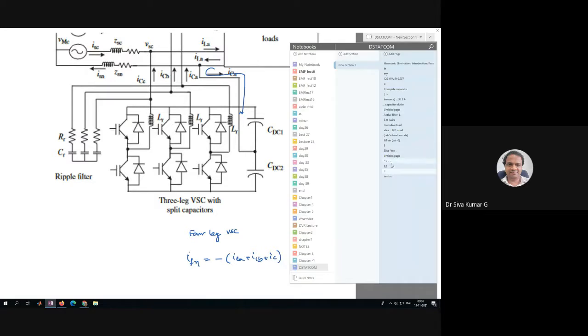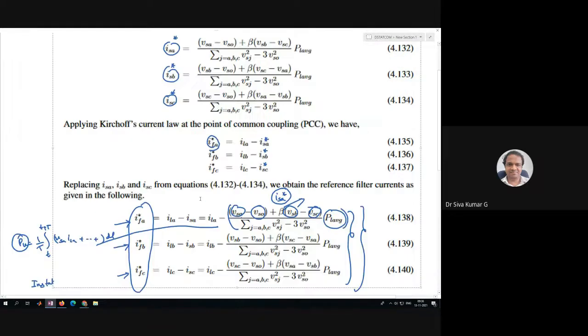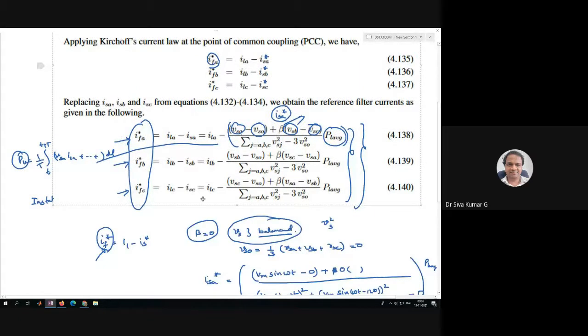So far, when you look into this particular equation also, there is no requirement for a transformation to alpha beta or dq naught. It is just substitution of the instantaneous voltages, and then we need to evaluate the load average power. The load average power is arbitrarily changing. We don't know what kind of load is there for the compensator.